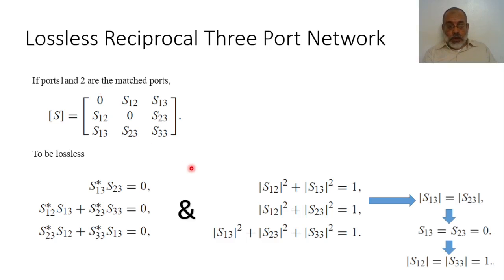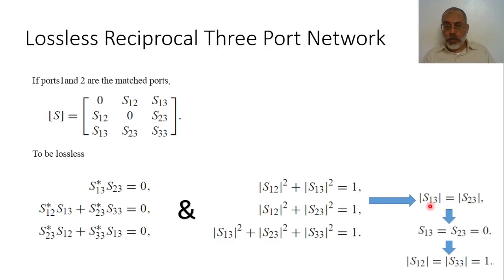Alright? So according to these two equations, we can say that S12 squared plus S13 squared equals 1, and S12 squared plus S23 squared equals 1. This means that S13 squared should equal S23 squared. Sorry, S13 equals S23, right?